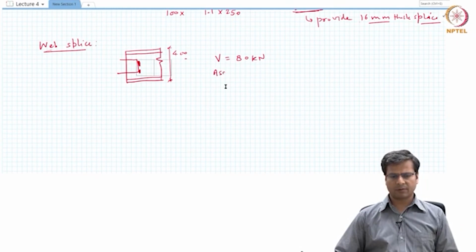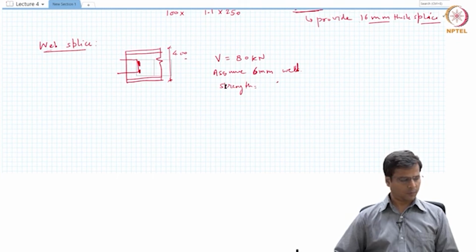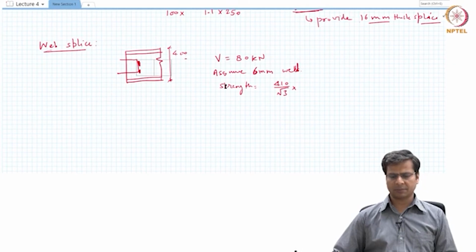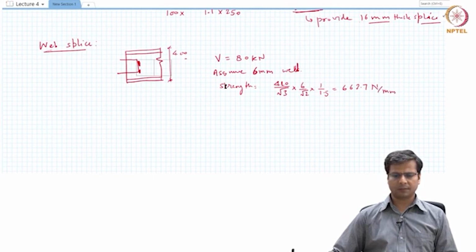And if we assume that we will provide a 6 millimeter size fillet weld, so a 6 millimeter weld would have a design strength of, first 410 is the ultimate stress, divided by root 3 corresponds to the shear ultimate stress, multiplied by the throat thickness, which is 6 divided by root 2, then divided by the factor of safety, and which gives me a strength of 662.7 Newton per millimeter length of the weld.